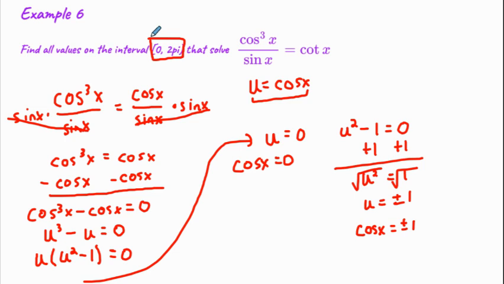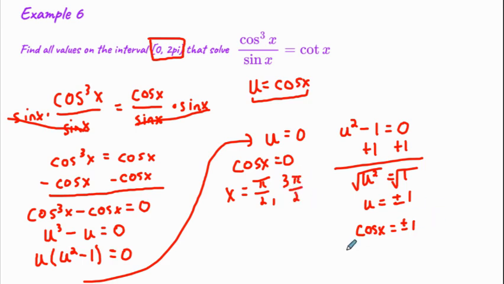That's what our unit circle goes to, so we don't have to think beyond what our unit circle tells us. Remember, cosine is the x coordinate on the unit circle. So where is the x coordinate 0? Well, that would be at x equals pi over 2 and at 3 pi over 2.